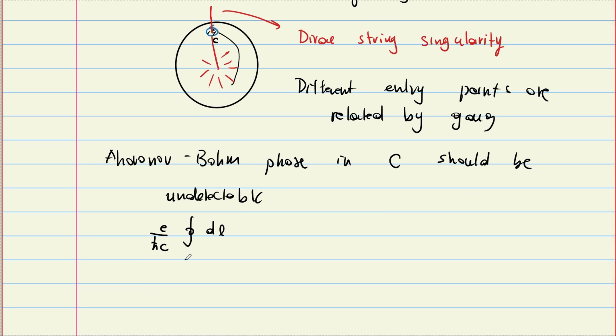So this is the integral of A dl around this little curve, and this is equal to what? This is equal to 2 pi flux divided by this h bar c over e, which is phi naught. And phi we found is equal to minus, but let's forget about the minus, 4 pi g.